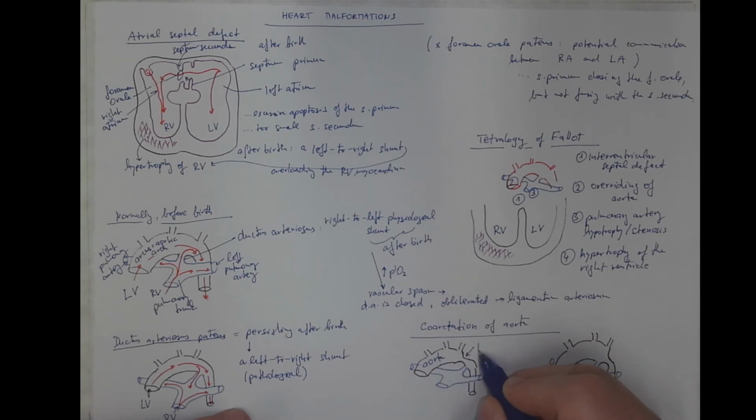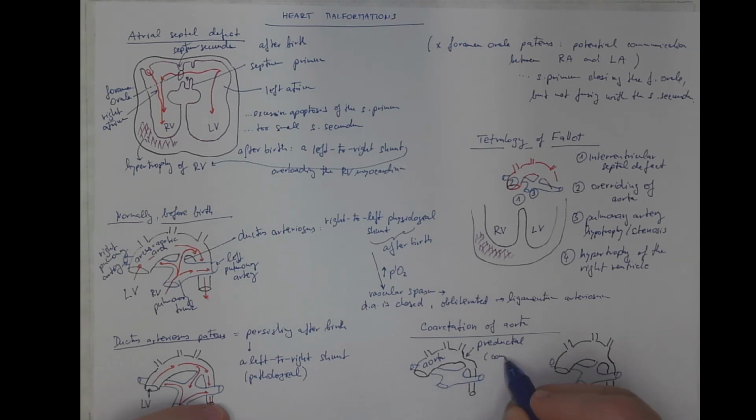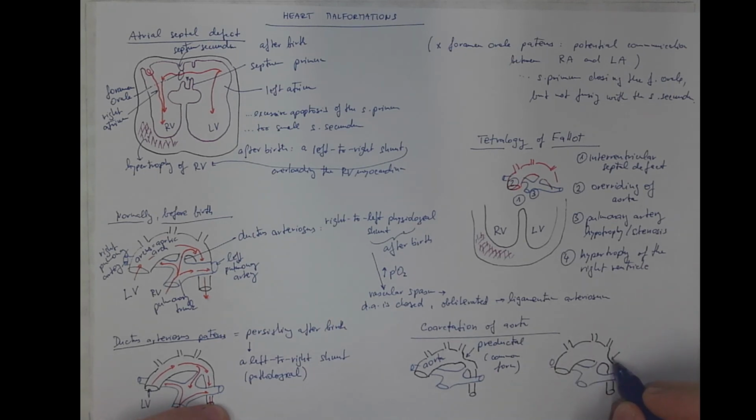So this is a pre-ductal coarctation. It's the most common form when it comes to this malformation, and this is a post-ductal coarctation. It's a rare form.